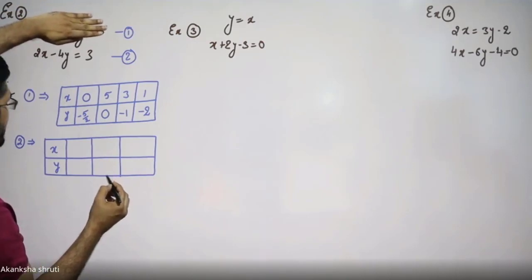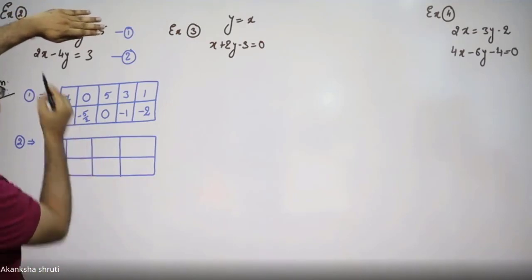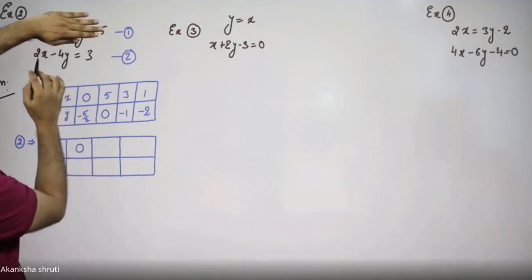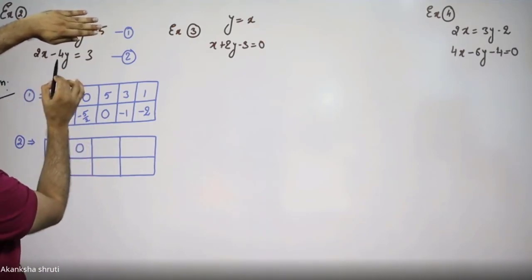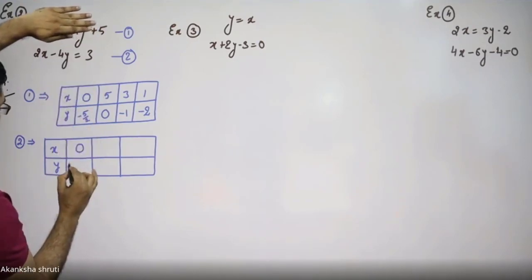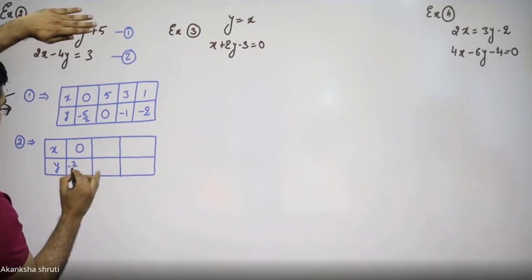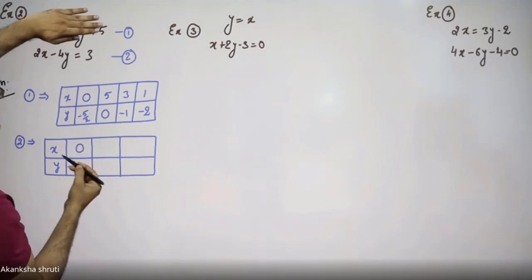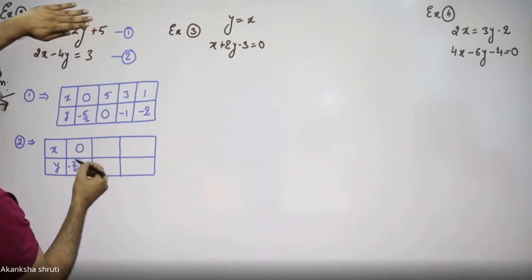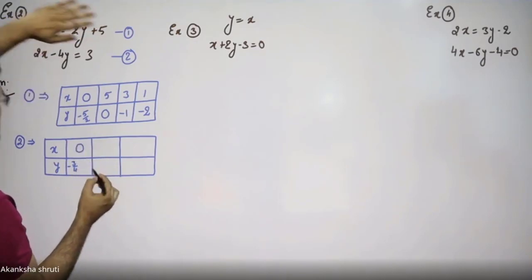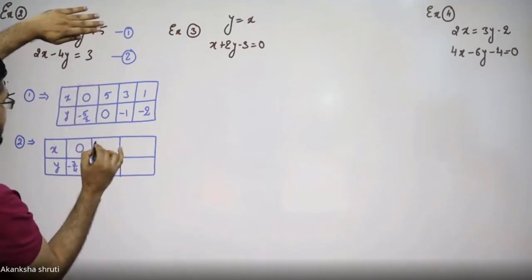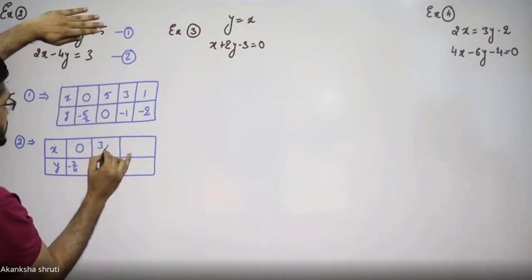Better habit: choose x equal to 0, calculate y. While choosing x equal to 0, y becomes minus 3 by 4. Though fraction, not much useful to us. Okay, let us choose y value as 0. When y is 0, x value is 3 by 2.